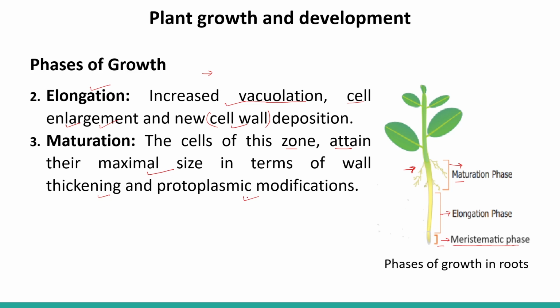All the modification in the protoplasm is complete now, and the cell is now known as a mature cell. Mature cells are sometimes also known as differentiated cells. What do they do? They have a specialized role now, meaning they have some specific roles.